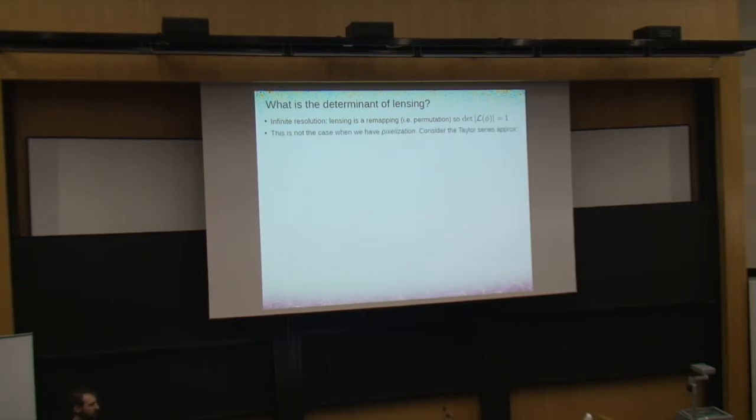I don't have a good argument as to what it should be or how to calculate it, but I've just gone and done it by brute force for at least one particular approximation to lensing that's used, and that's the Taylor series approximation. Here we know that the lensed field at some position is the unlensed field displaced by some small gradient of a lensing potential phi. So we just Taylor expand that in phi, and you have the 0th, 1st, 2nd, and so on order terms.